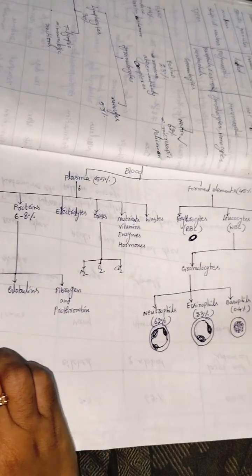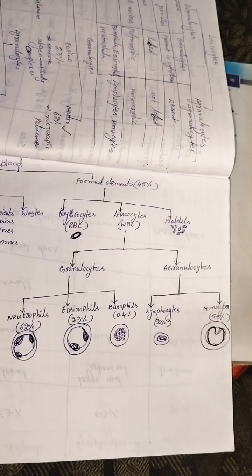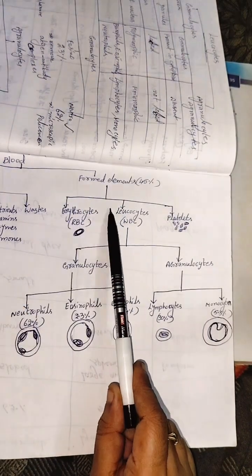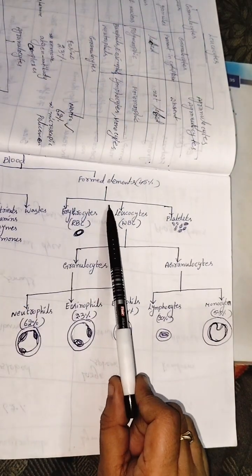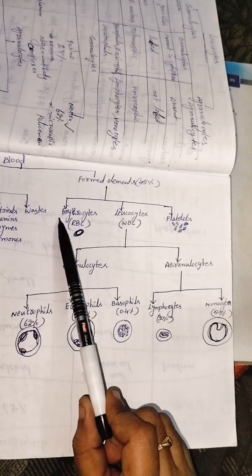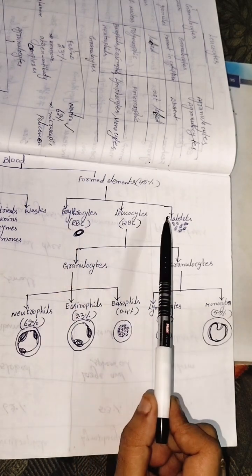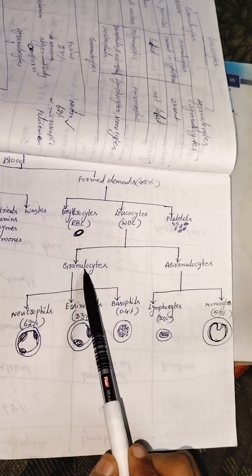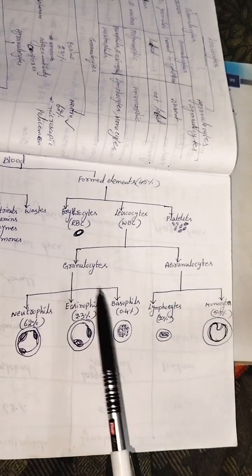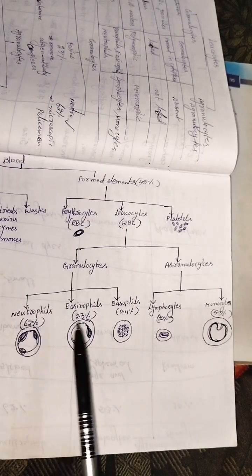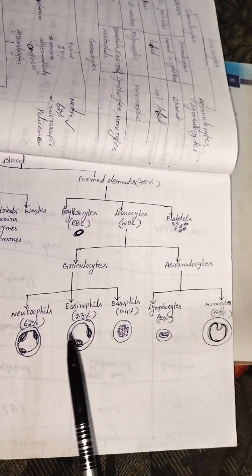Next, other elements, the blood cells. We know there are 3 types of blood cells: RBC, WBC, platelets, that is erythrocytes, leukocytes, platelets. White blood cells are 2 types: granulocytes and agranulocytes. Granulocytes are 3 types: neutrophils, eosinophils, basophils.